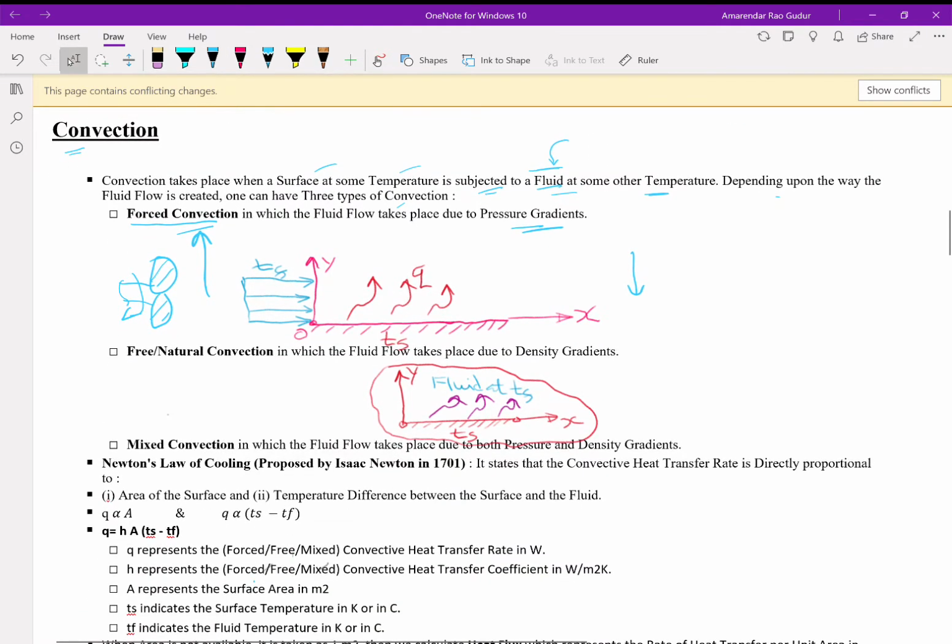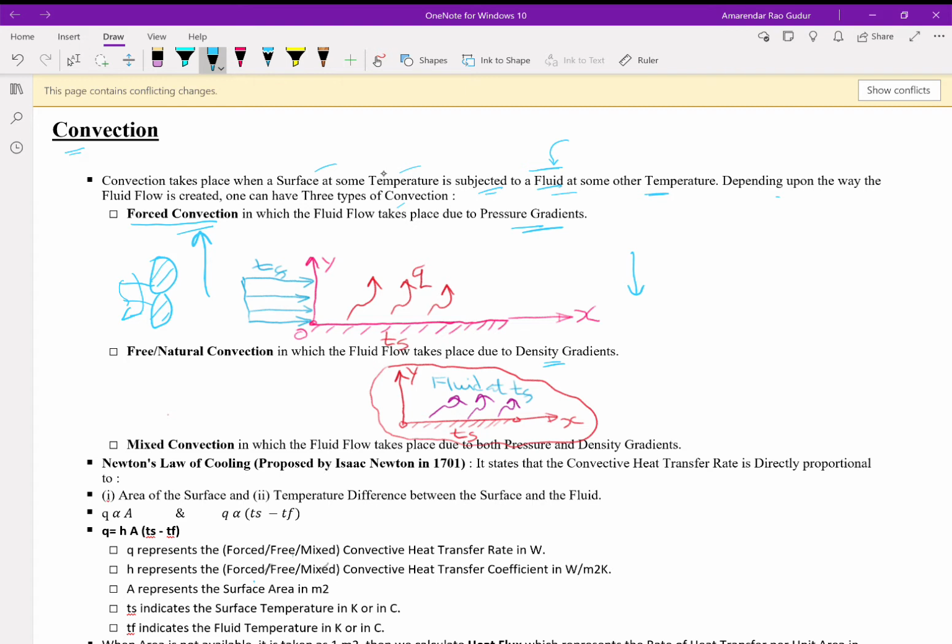Then free convection or natural convection, in which the fluid flow takes place because of density gradients. So temperature at the surface is high, therefore the fluid is going to be lighter, low density, and temperature far away from the surface is going to be low, therefore the fluid is going to be heavy, more density.